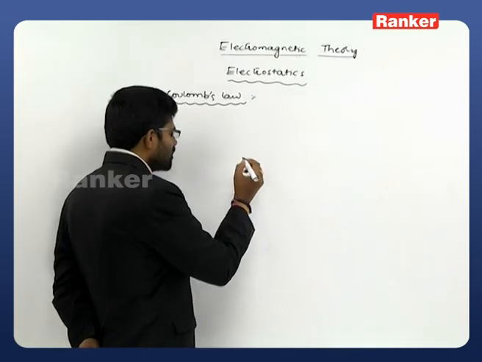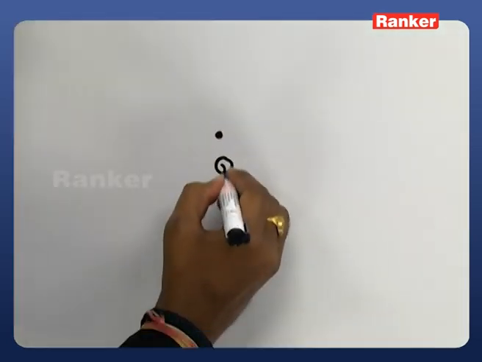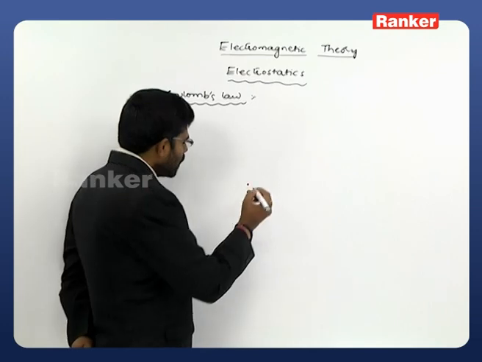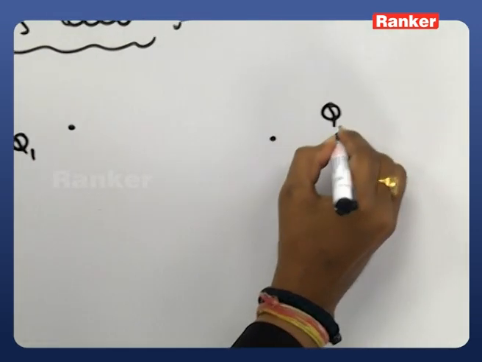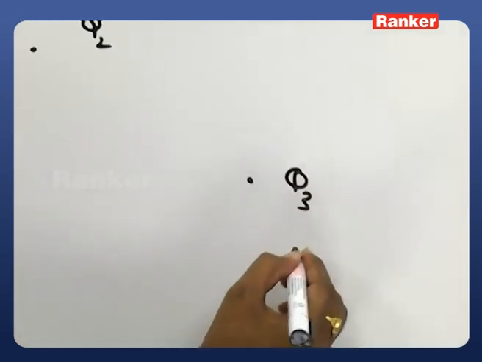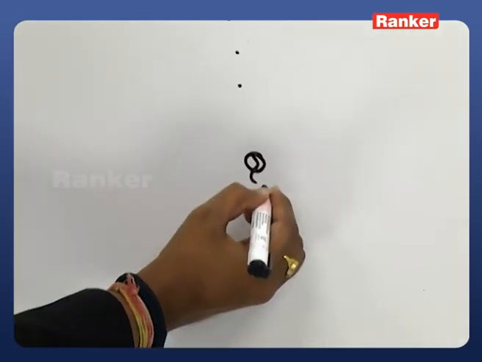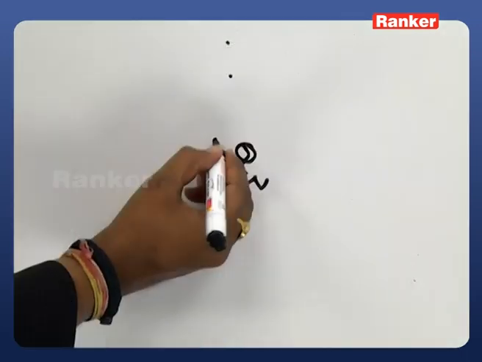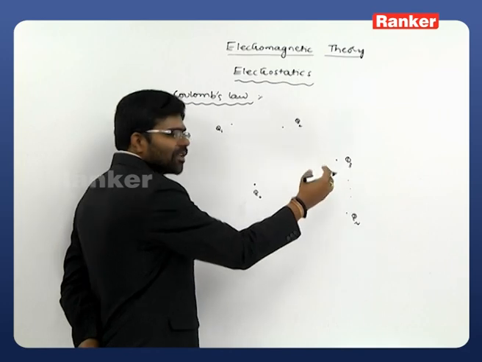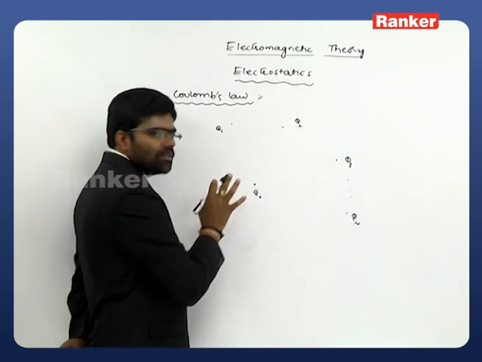Now let us consider we have a point charge Q0 here, and on this point charge, because of Q1, Q2, Q3 up to some Qn, we need to calculate the force. Because of all these charges, what will be the force acting on this point charge Q0?